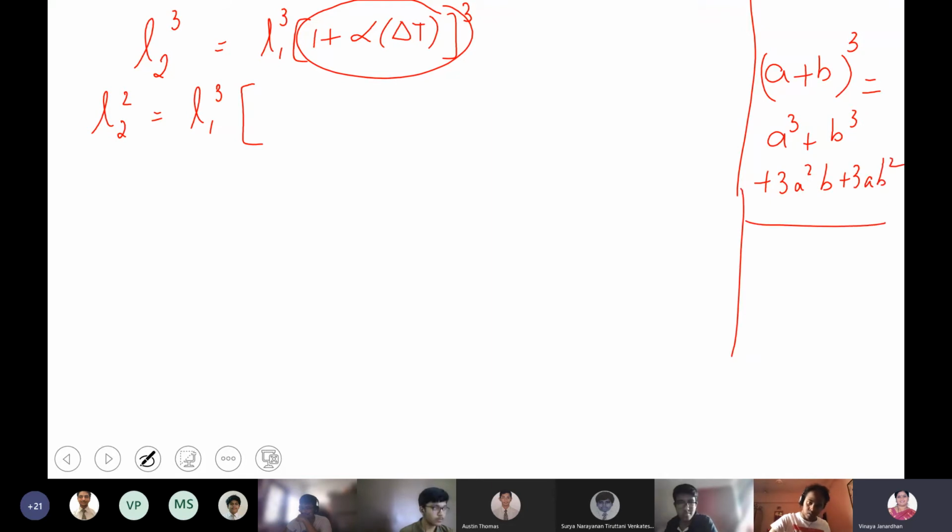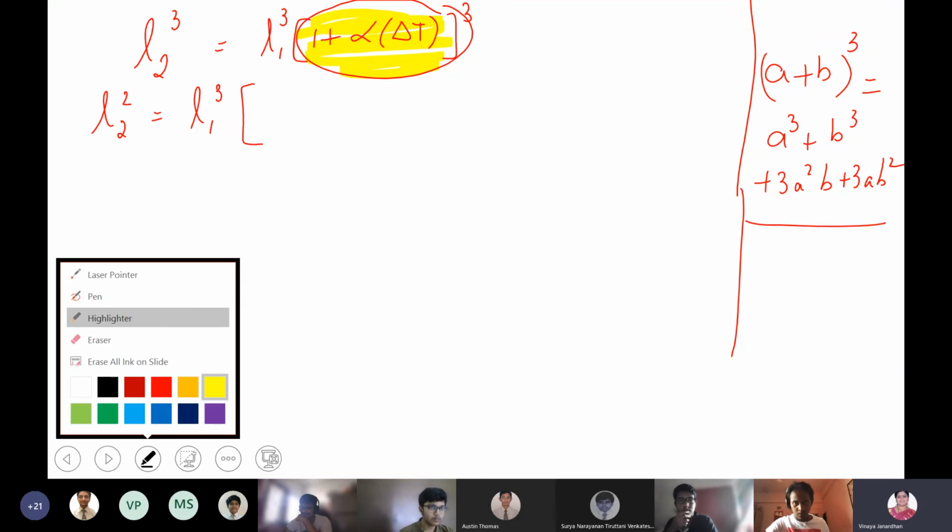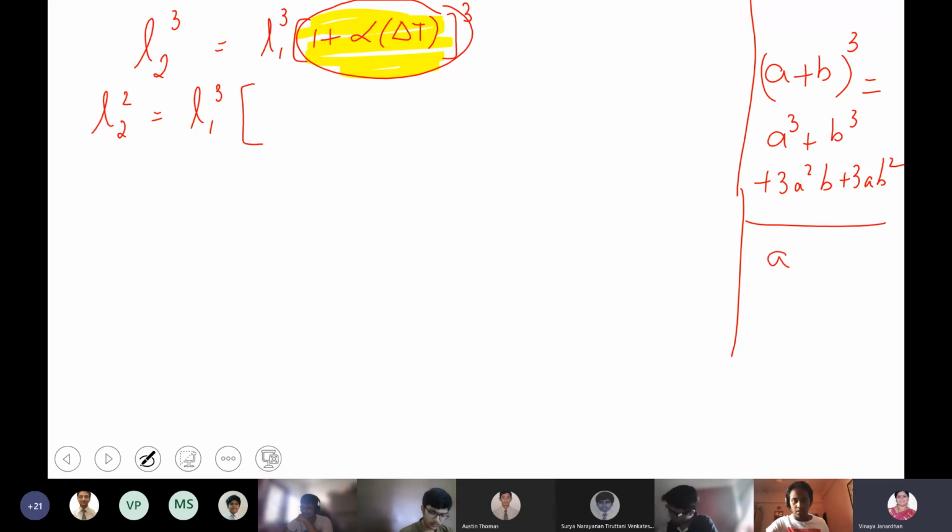In this expression, the value of A is 1, B is alpha into delta T. So can you expand and write?